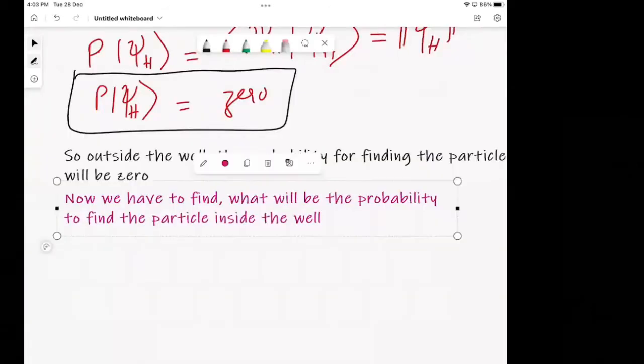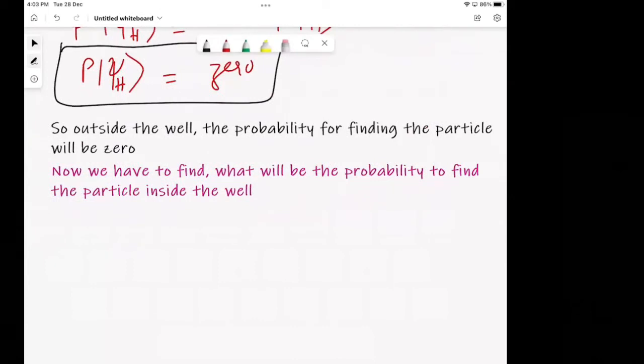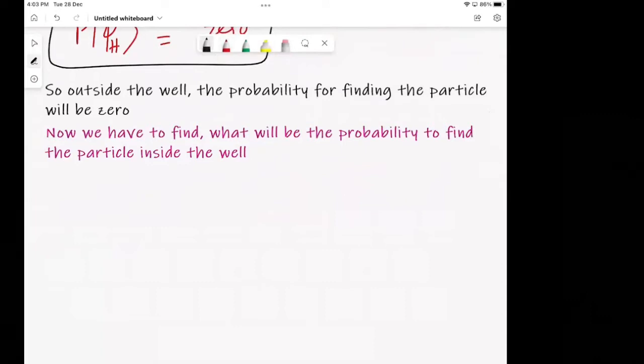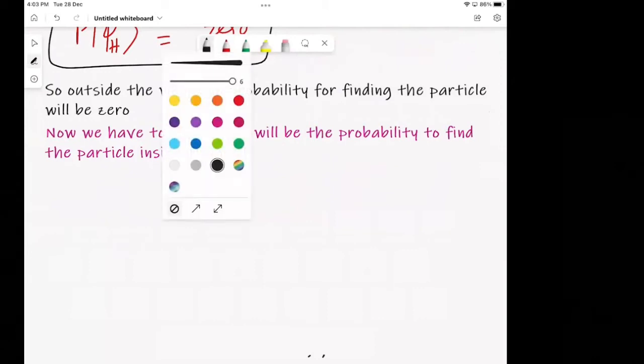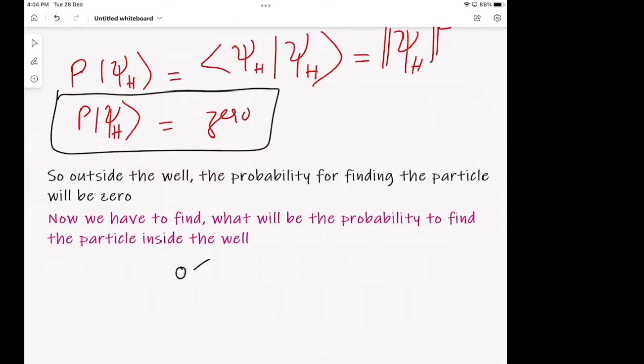Now we have to find the probability of finding the particle inside the well. Inside the well means the area defined where q is from 0 to L, and this region will be defined as region 2.